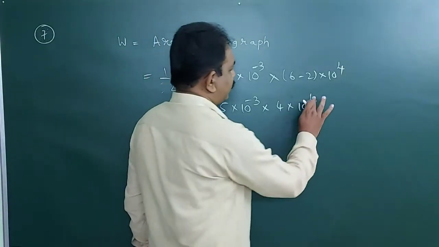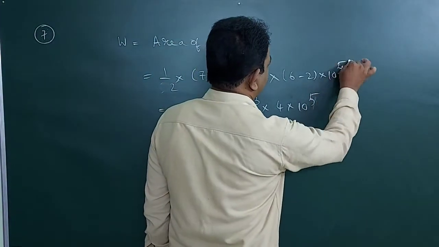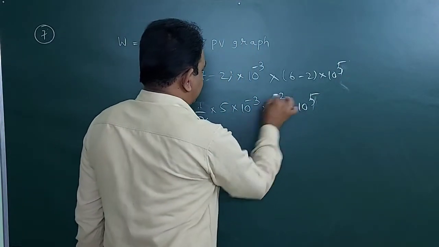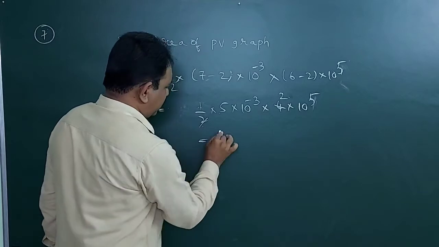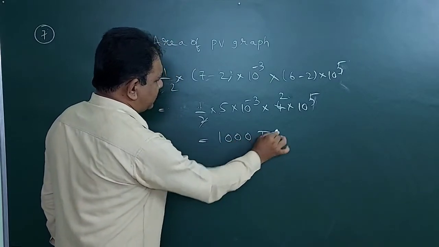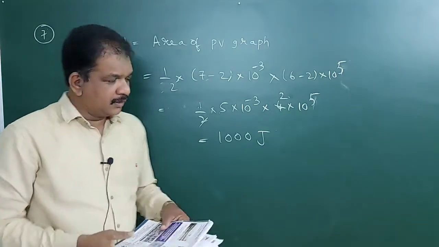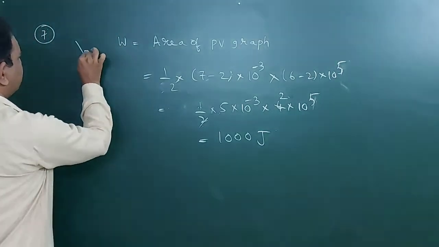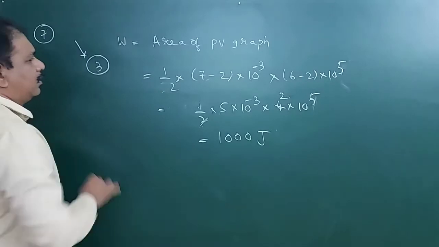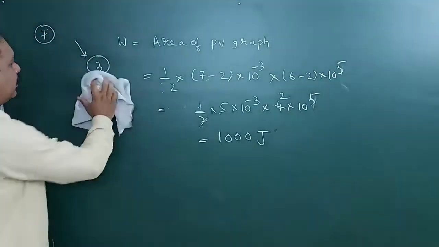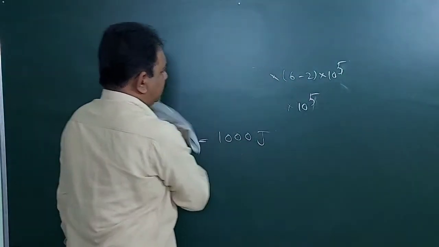The 2s will cancel, so totally 1000 joules. So seventh question, it will be third option. Okay. Next, see the eighth question.